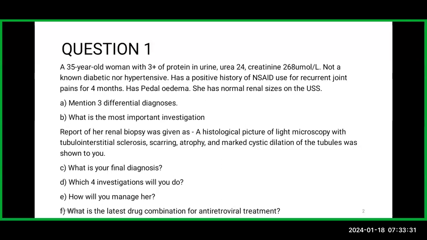I didn't go straight to HIVAN, but they asked me to rearrange my differential. So I brought HIVAN first and I saw them writing it. They were happy and the final diagnosis was actually HIVAN. I answered it the way we discussed it the other time. Thank you very much.